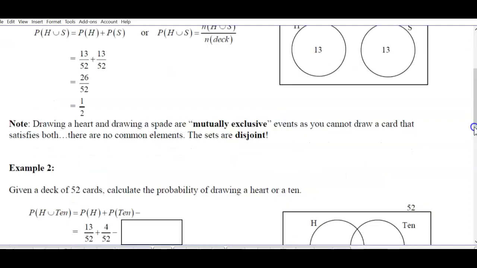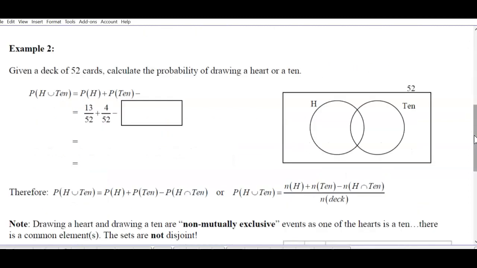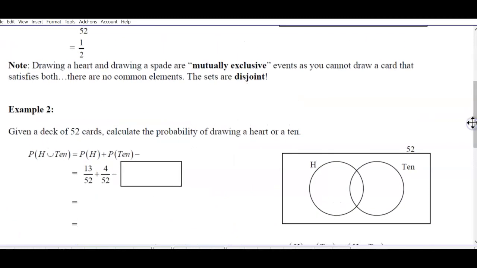But that is the work if you needed to show it. Okay? So, just a note there, drawing a heart or drawing a spade, those are mutually exclusive, right? Those are events, mutually exclusive events, because you cannot draw a card that satisfies both.